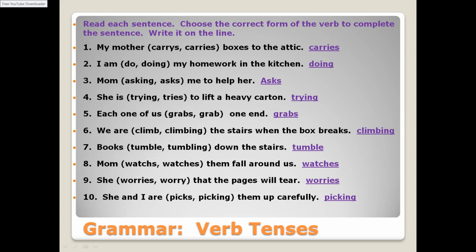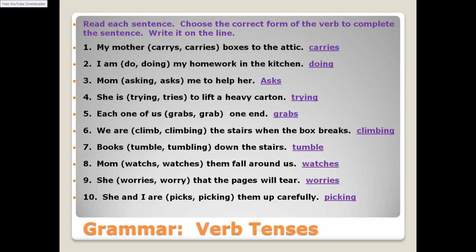Number 8, mom watches them fall around us. We have two spellings here for the verb, one with es and one with s. We have just learned the rule for verbs ending with ch. We need to add es to such verbs. So the verb with es, watches, has to be selected.